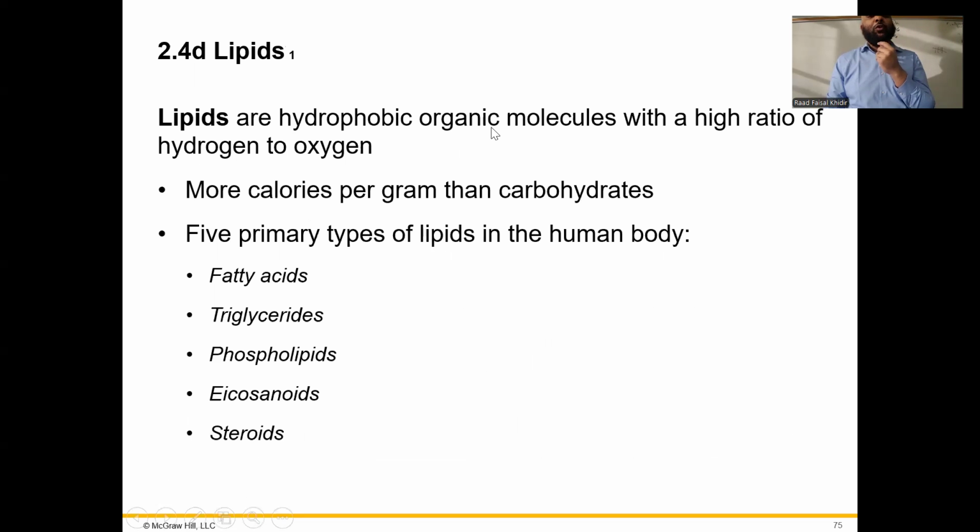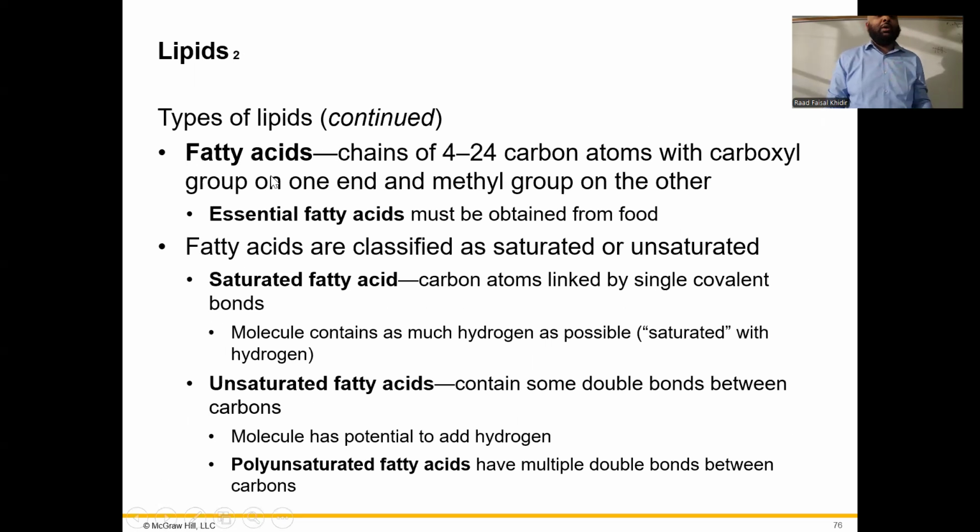Lipids are hydrophobic organic molecules with a high ratio of hydrogen to oxygen. And there are 5 primary types of lipids in the human body: fatty acids, triglycerides, phospholipids, eicosanoids, and steroids. So the types of lipids are fatty acids, and we have essential fatty acids that must be obtained from the food.